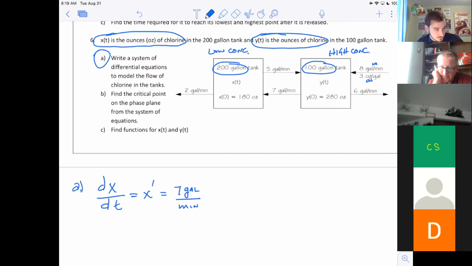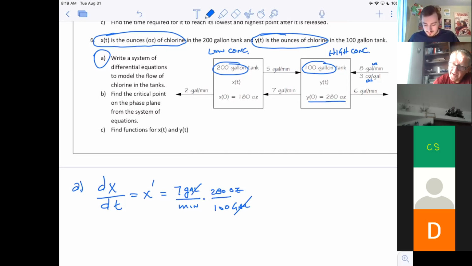I need dx dt to be ounces per minute of chlorine. It's 7 gallons of liquid per minute coming in, and how much chlorine is in it? Well, I can't say 280 ounces per 100 gallons, although that would be nice label-wise, because it's ounces per minute of chlorine now. The reason I can't say that is that's only the amount of chlorine at the start, but it's going to change because I have liquid going in and out of that tank.